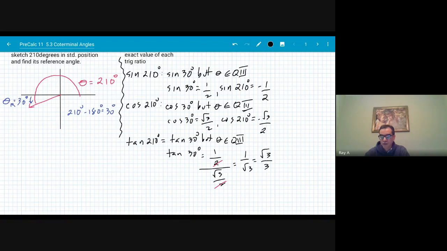I just showed you how to get the exact values of each trig ratio for this angle. By the way, tangent is positive in quadrant 3. So if you're thinking, wait a minute, how come you never talked about positive or negative in quadrant 3 for tangent? Well, tangent is positive, that's why.